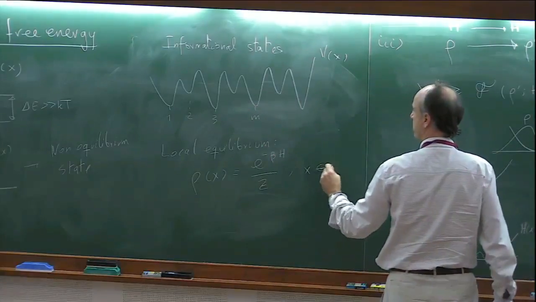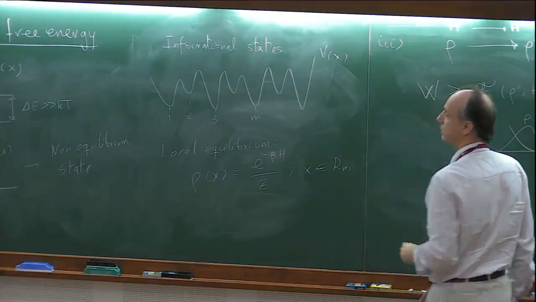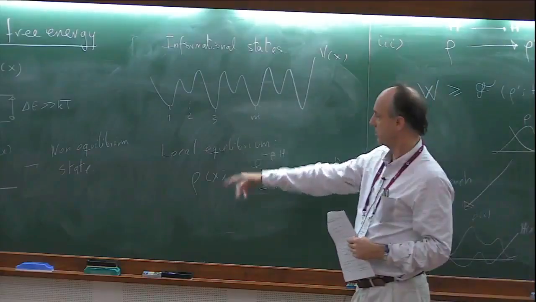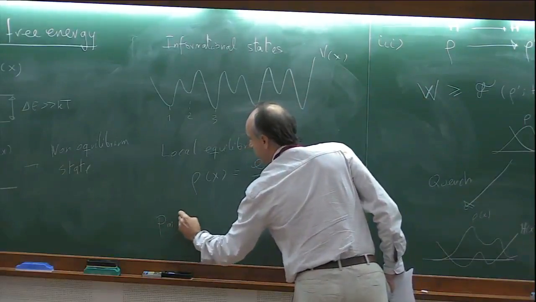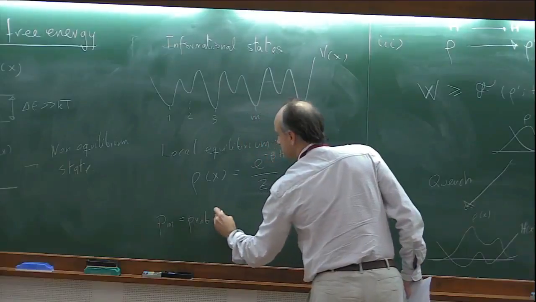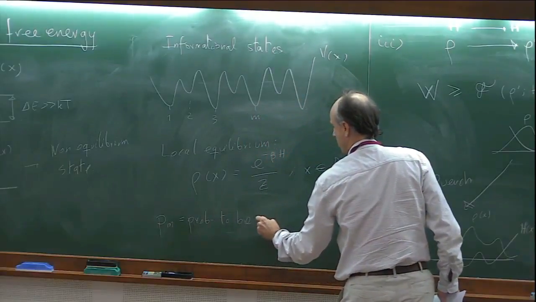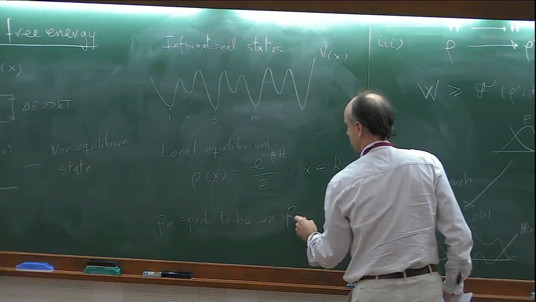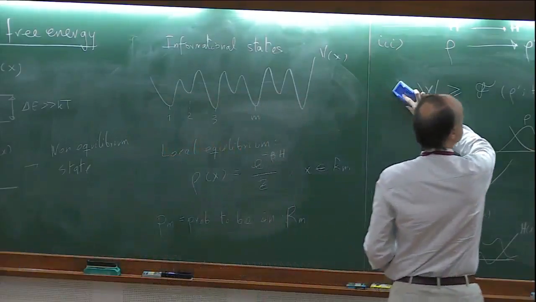Let's call this region Rm. But the probability to be in one of these regions, Pm, is going to be Pm. This is not necessarily in equilibrium.